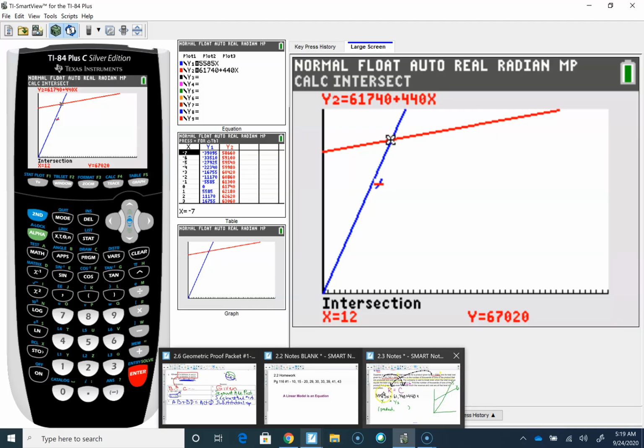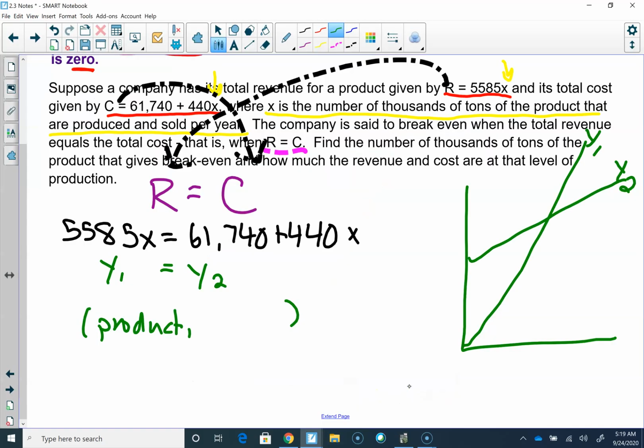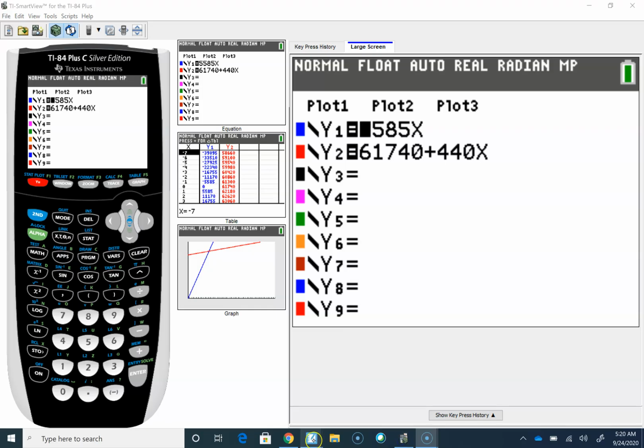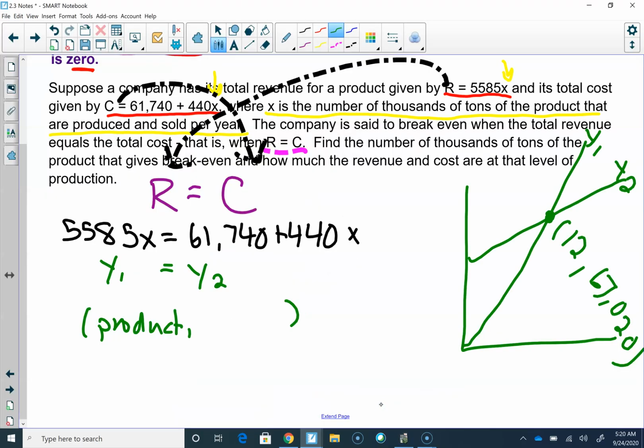So I'm going to go back to my sheet here. And I'm going to put in 12. Actually, I have my graph over here. And 67,020. So I'm going to fill this in now.